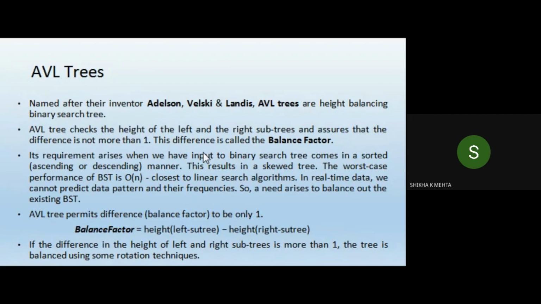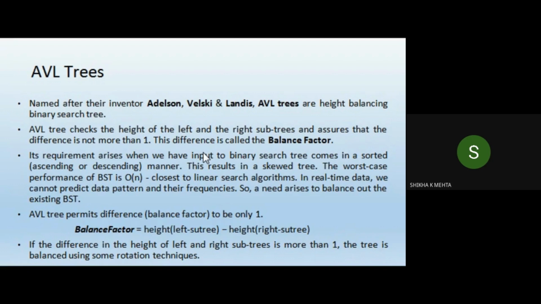To overcome such a problem, three inventors, Adelson-Velsky and Landis, developed a new data structure called AVL trees. These AVL trees are basically called height balancing binary search trees. Inherently they are binary search trees only, but to improve their worst case time complexity, some new properties have been added.